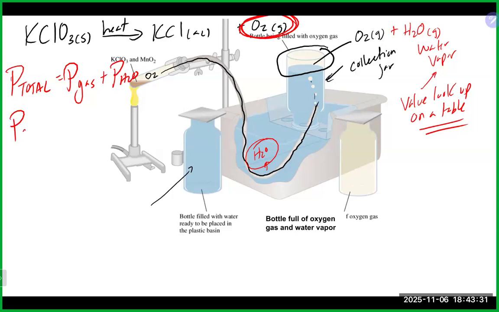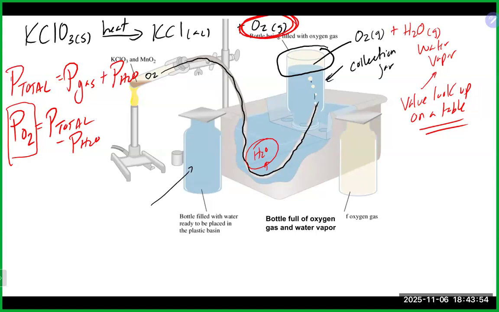So we would rearrange that equation and find the pressure of oxygen would be the total pressure, which once again is your barometer reading, minus the vapor pressure of water at that temperature. And this is sort of like a correction factor that you do when you collect gas in this fashion. You'll do something in the next experiment like this.